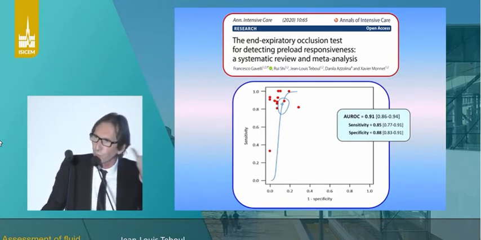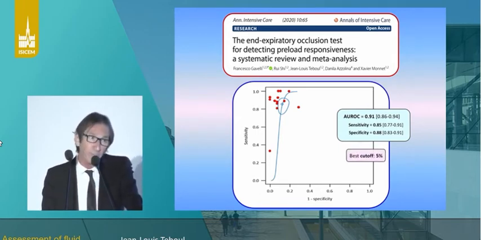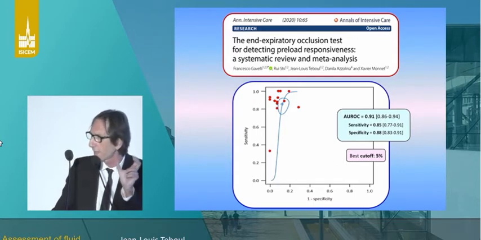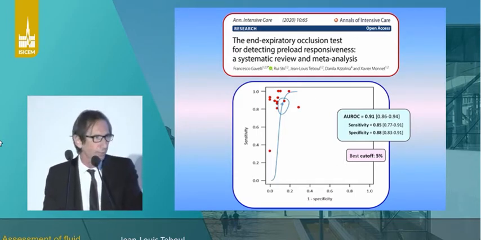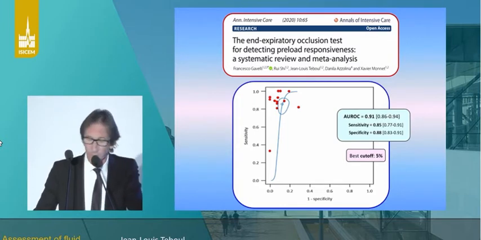The summary area under the ROC curve was 0.91, and we found a cutoff value of 5%. 5% means that you need a very precise technique to measure cardiac output. You cannot rely on thermodilution, you cannot rely on echocardiography in this case. You should rely on very precise cardiac output monitors.